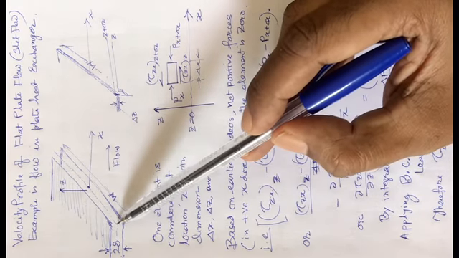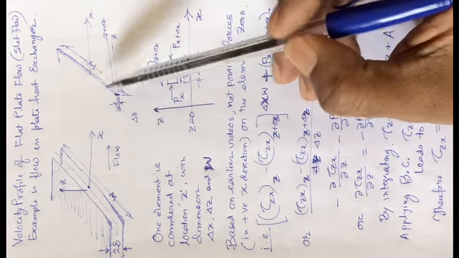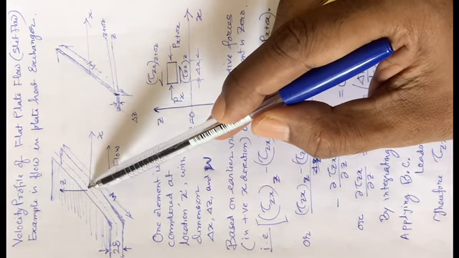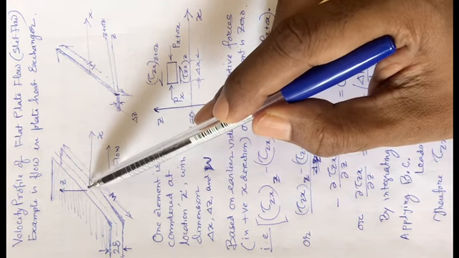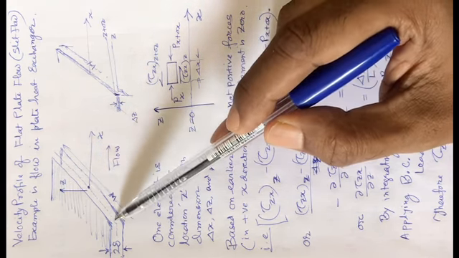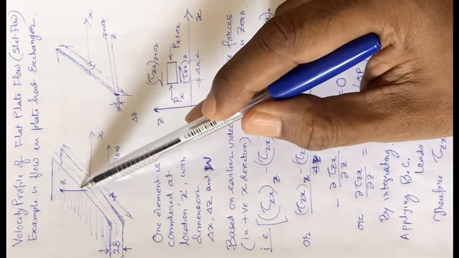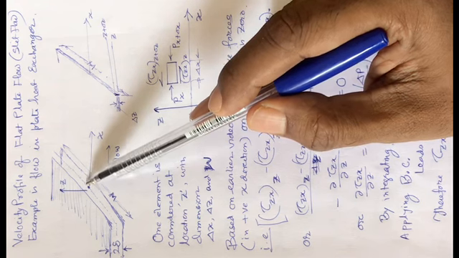While considering this strip, you will have to recognize that the flow pattern will be symmetric with respect to the central plane. At the center the velocity will be maximum.